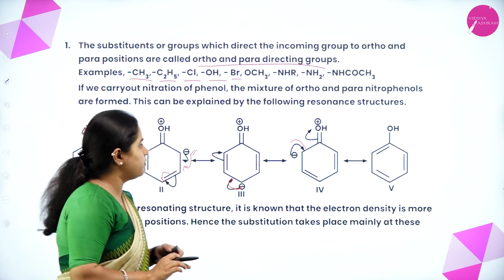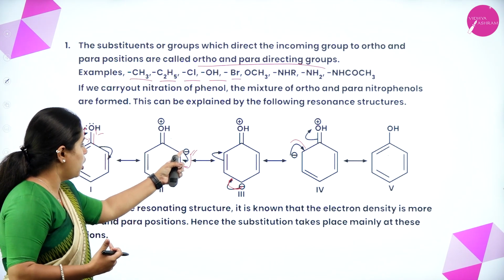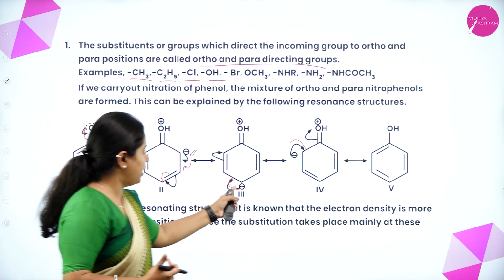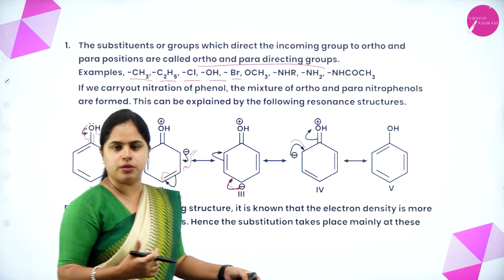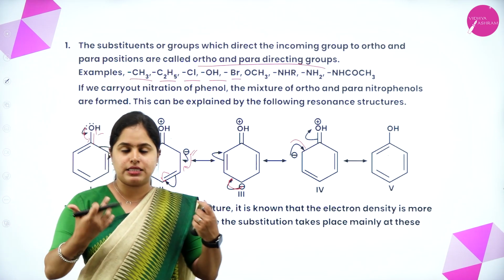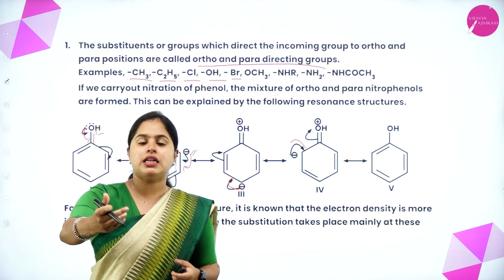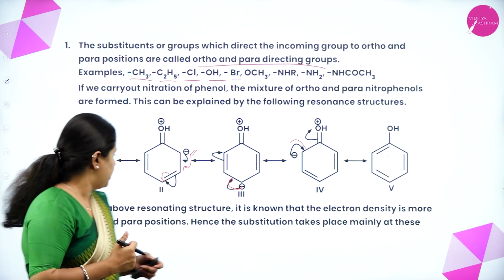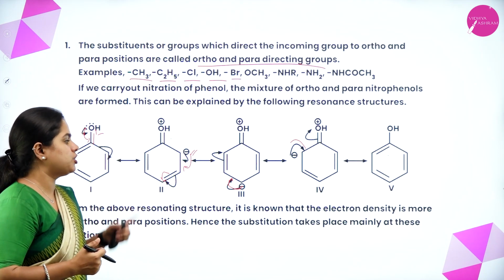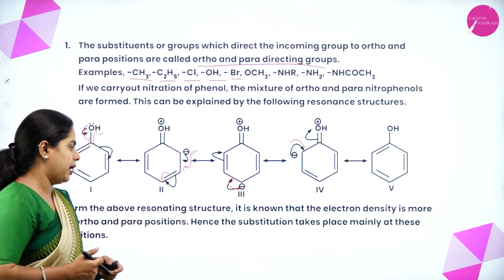What you can observe here is that the negative charges, where you can see the electron richness, are present in the ortho position, the para position, as well as the other ortho position. So that is why, as the richness of electrons is present in the ortho and para positions, the incoming groups will be directed there. From the above resonating structures, it is known that the electron density is more in the ortho and para positions.